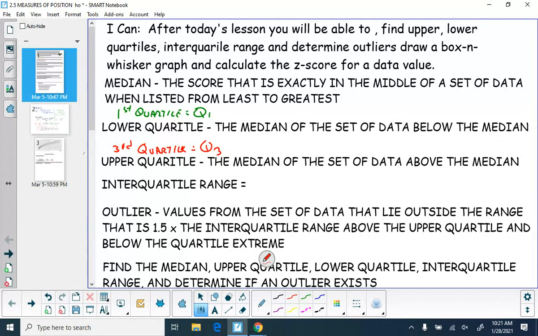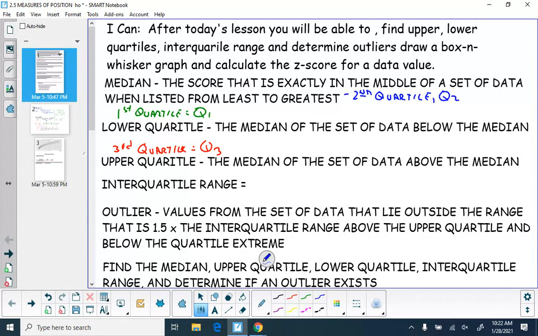Why do we jump the second quartile? Well, the second quartile is the median. Your median is the second quartile.